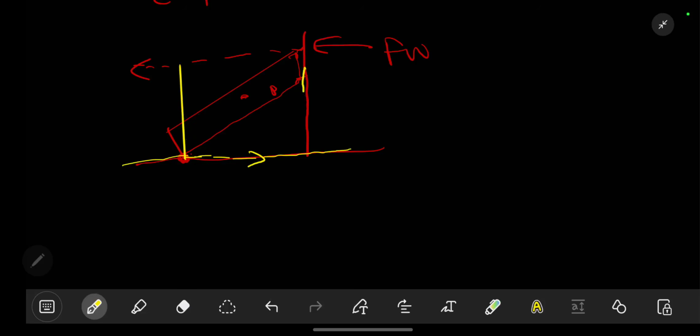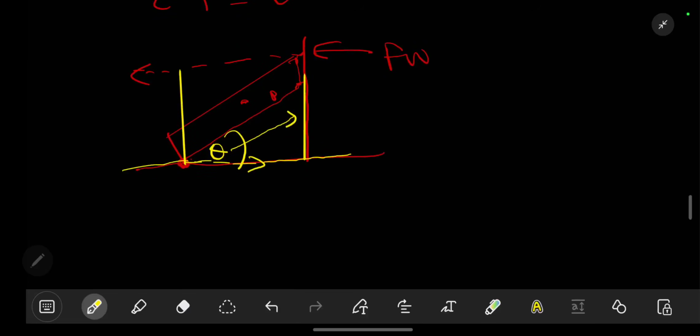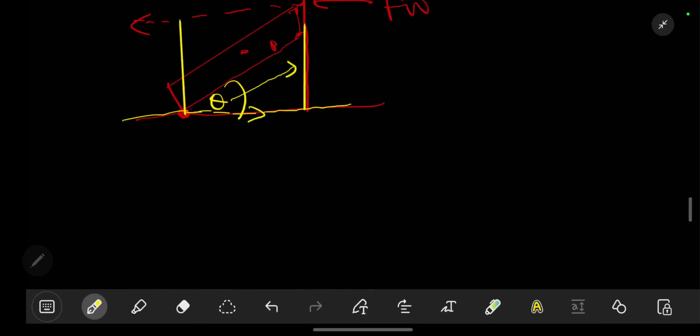This is the height we are going to get. If the angle is here, the opposite will be the sine. The angle provided is 37 degrees. We have rotated the diagram, but it doesn't matter.